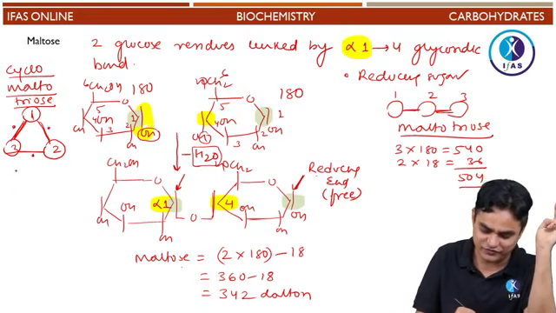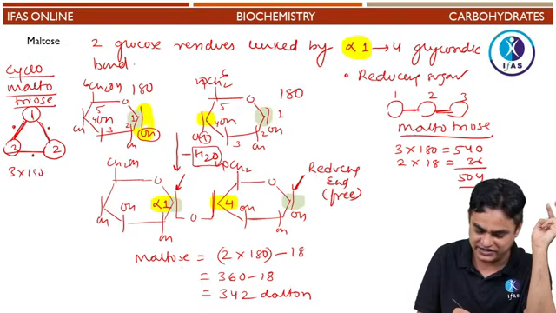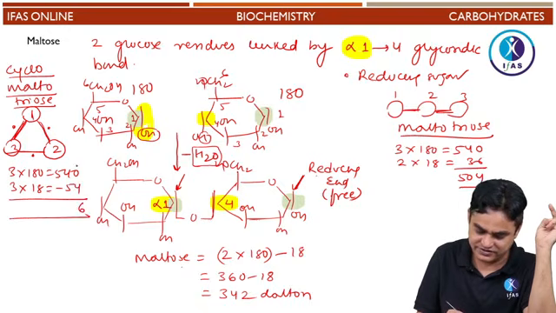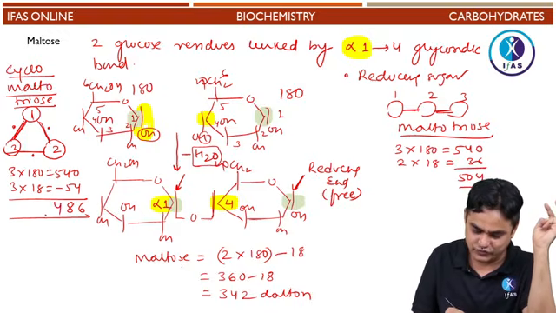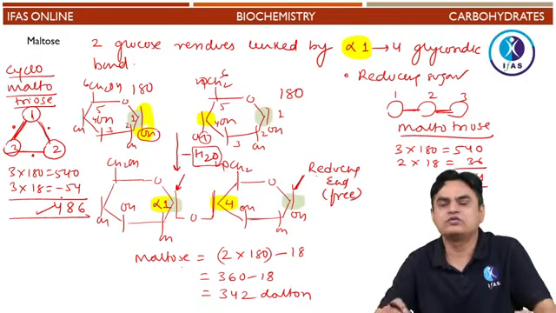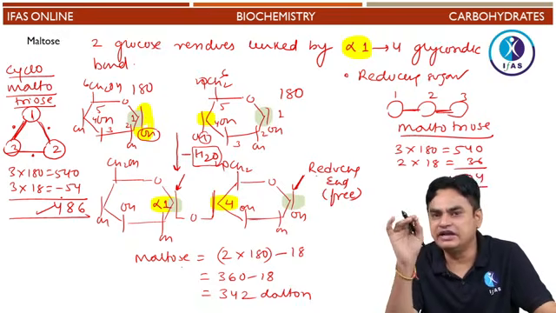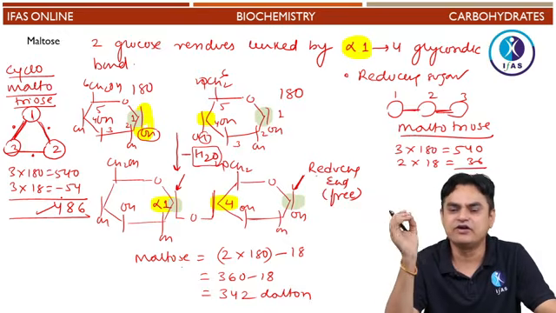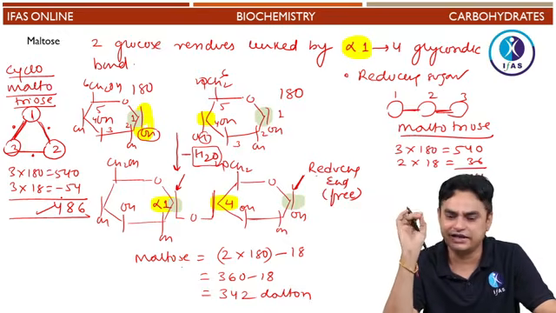So here you will say that it is 3 into 180, that is 540. 3 into 18, that is 54, would be deducted. You will get, okay, almost like this, 486. Okay, so cyclic forms have a molecular weight 18 units lesser than the linear form, because cyclic forms will have one extra glycosidic linkage.